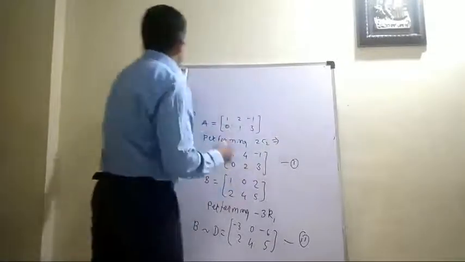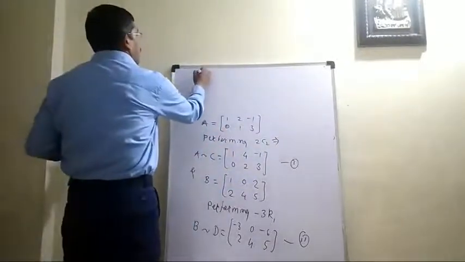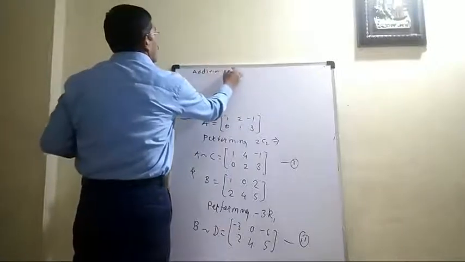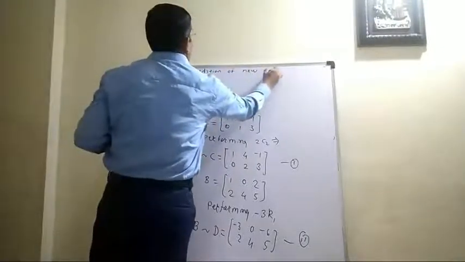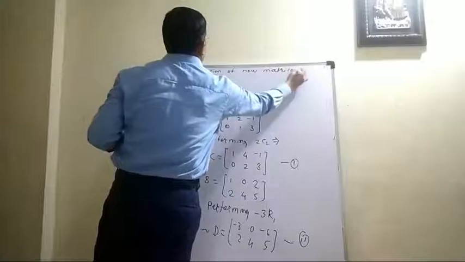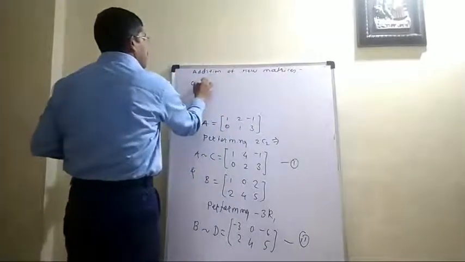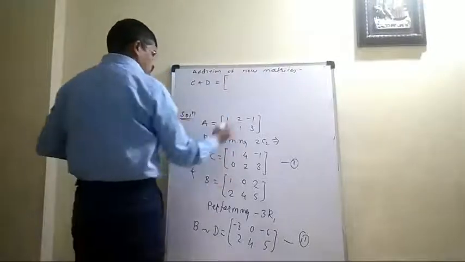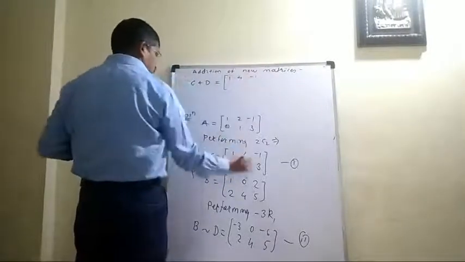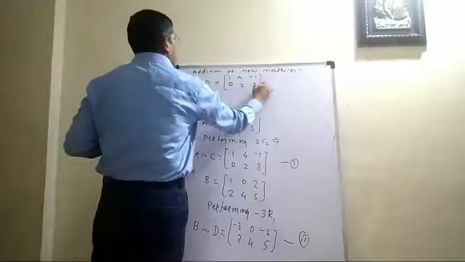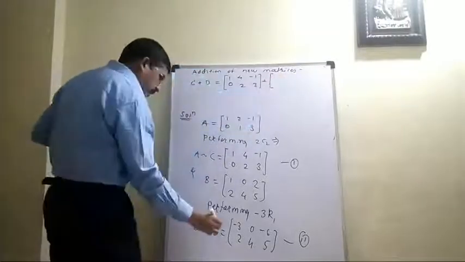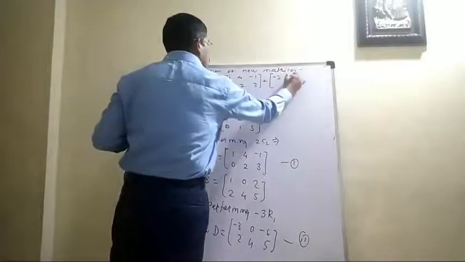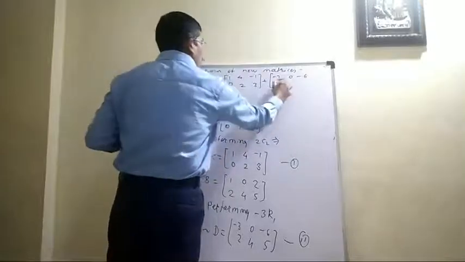C plus D equal to the sum or addition of two new matrices. C plus D equal to the first matrix 1, 4, minus 1, 0, 2, 3 plus the second new matrix minus 3, 0, minus 6, 2, 4, 5.